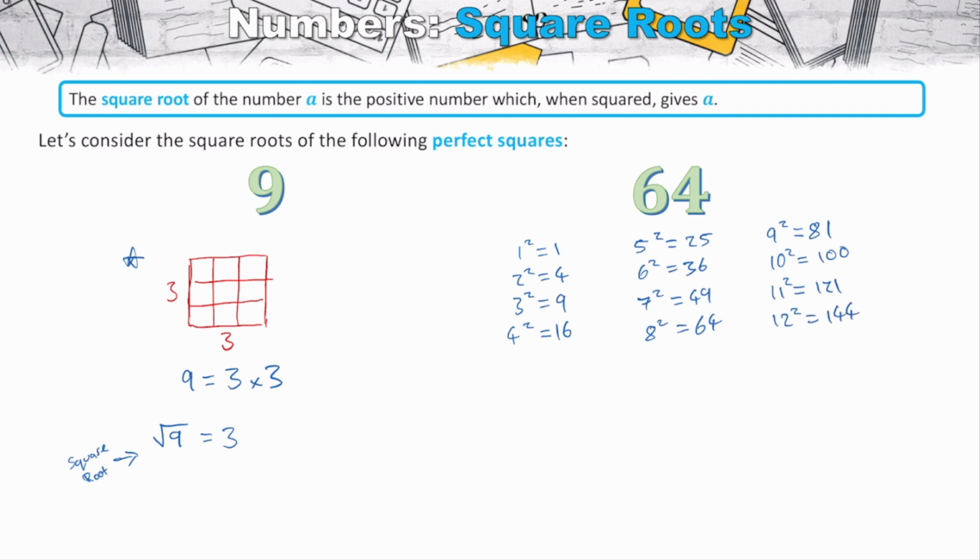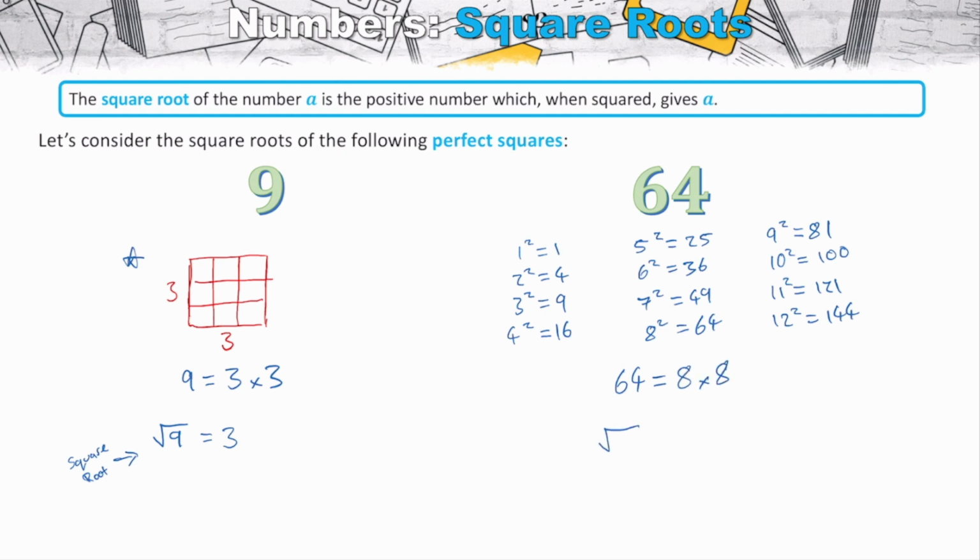The reason I've listed these is this is really useful to have written down while you're getting to know these numbers, because when we're starting to square root numbers, and these come up quite a bit, it's really useful to be able to identify a perfect square so we can quickly identify what the square root of that number would actually be. So we know that 64 can be written as 8 squared or 8 times 8.